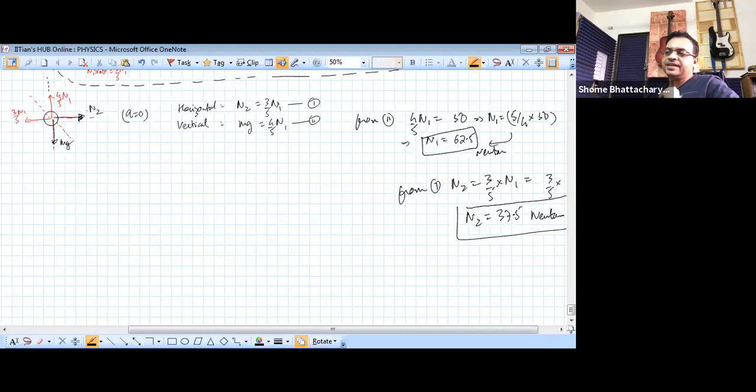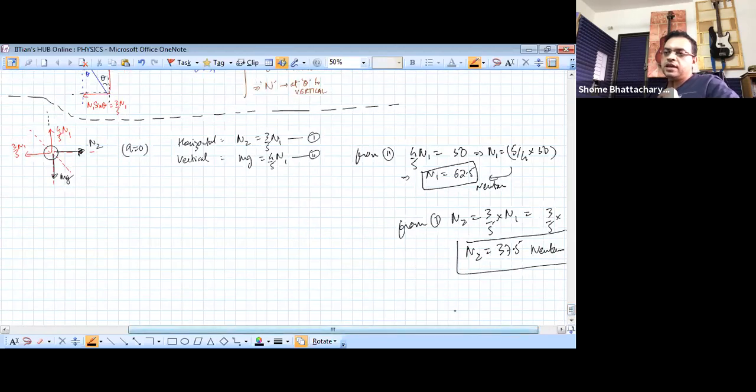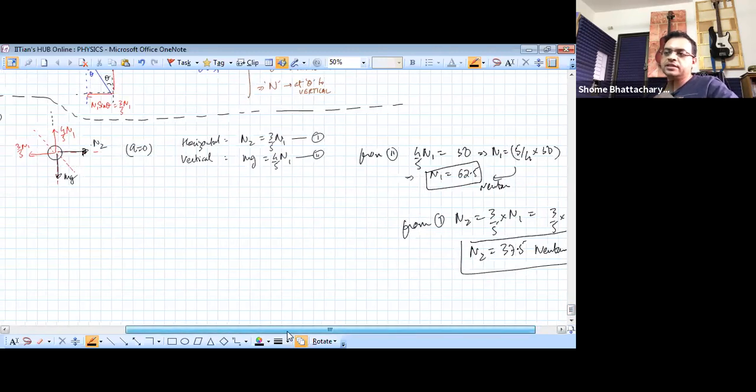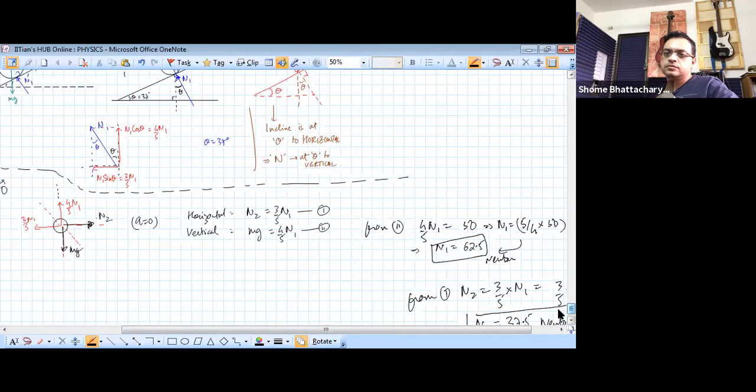The second assignment which I have said today will have more detailed questions about contact forces and normal reactions like this. But wait, I just want to discuss a couple more things with you.